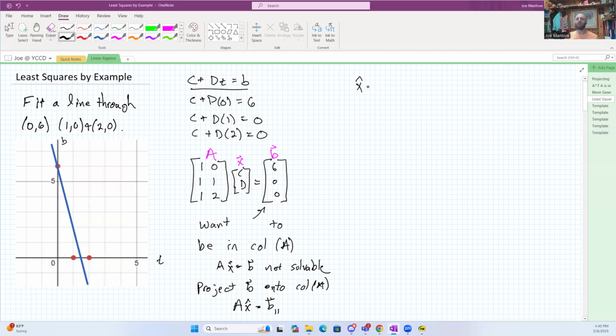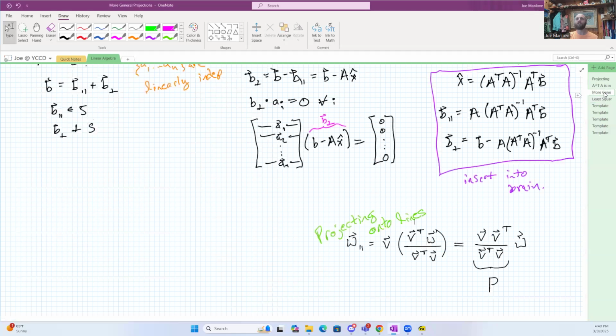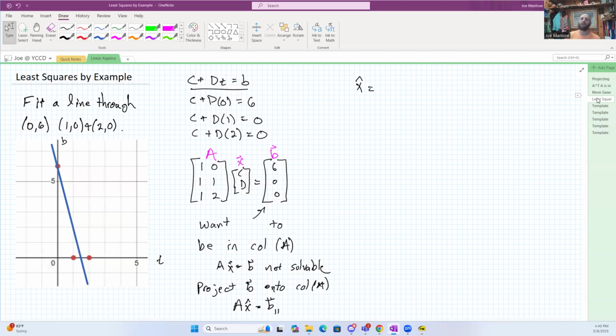I'm going back to my more general projections and grabbing this projection formula. That says X hat is (A transpose A) inverse times A transpose B. And that's all this is.